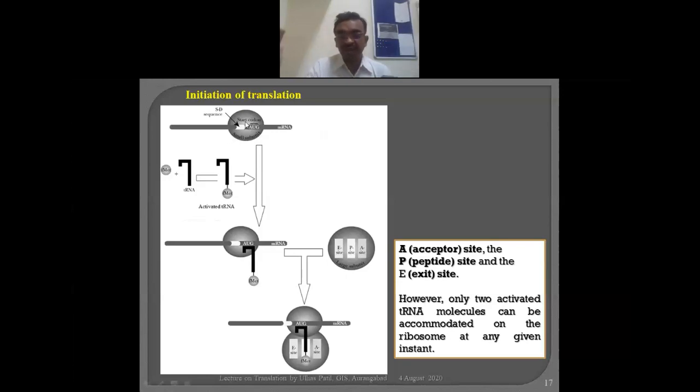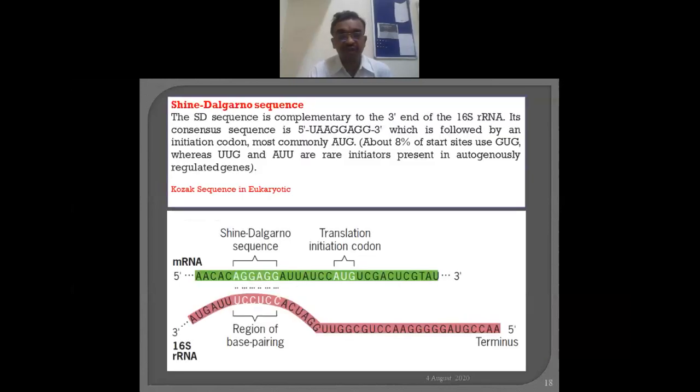But for example, if the mRNA is now ready by means of transcription, it approaches the small subunit of the ribosome. We know that this transcript is always read from the first codon, that is AUG. But how does this assembly take place? This is due to one important sequence that is referred to as the Shine-Dalgarno sequence.